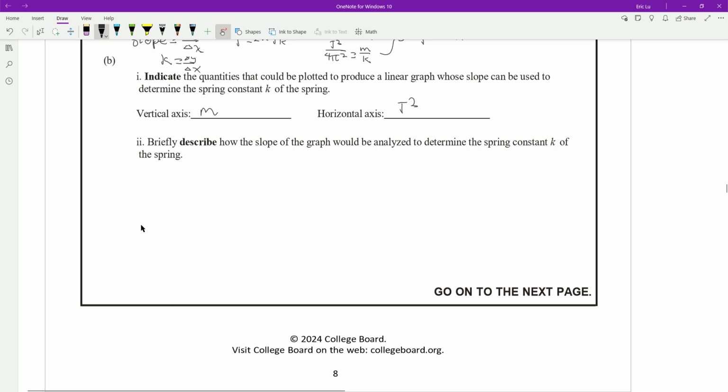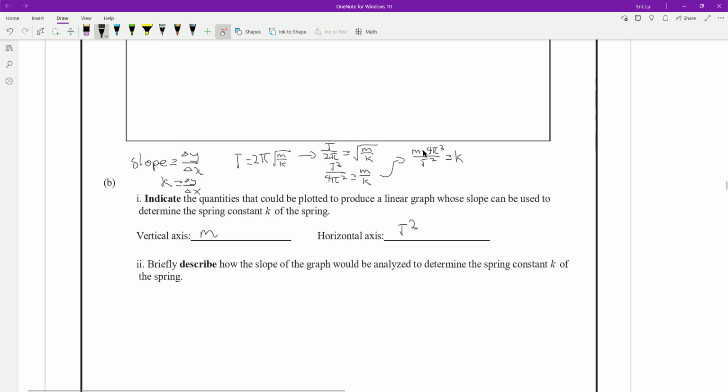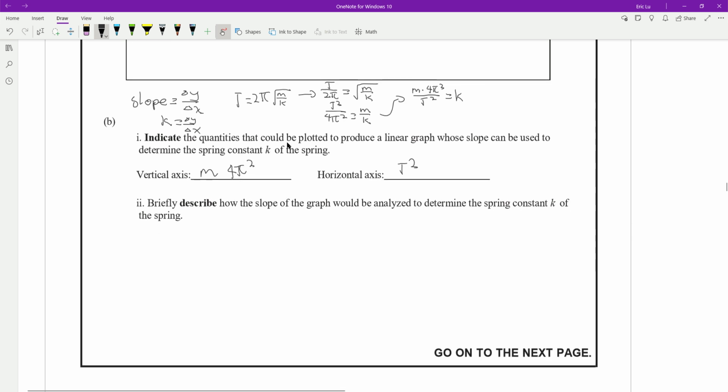Briefly describe how the slope can be analyzed. Okay, well, we already solved for the slope, so actually it would be better if you put m times 4 pi squared, because this way you can directly get the slope here.